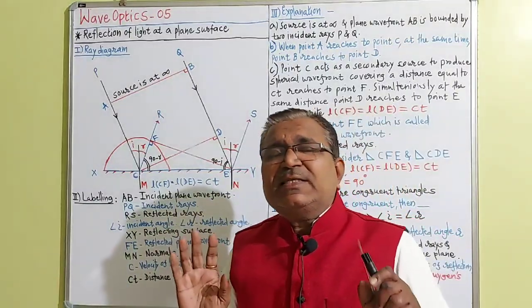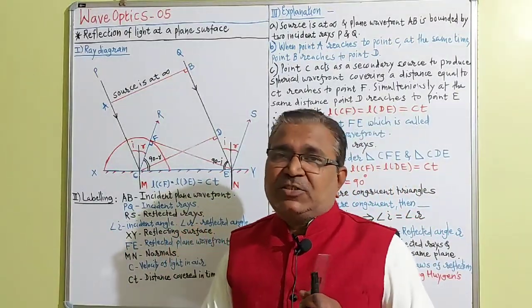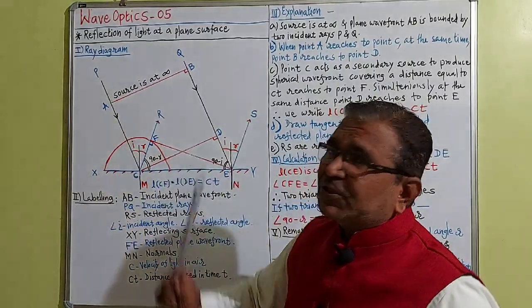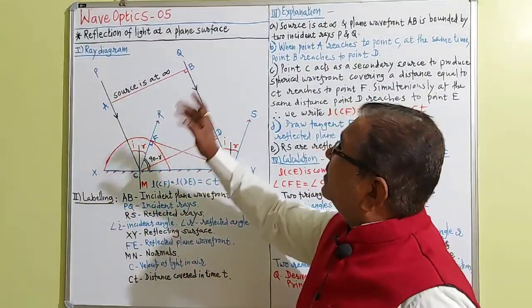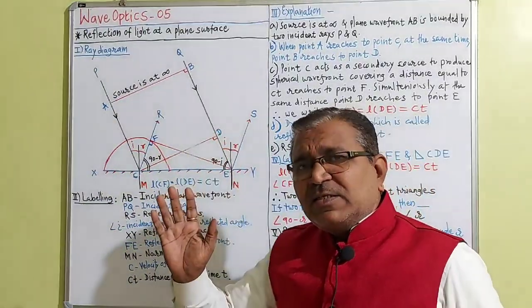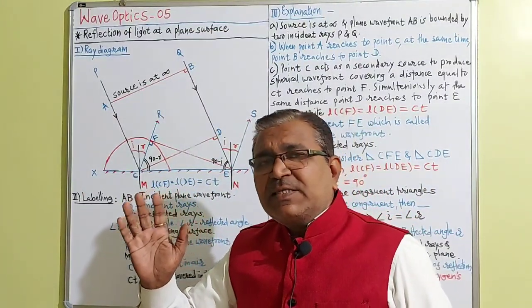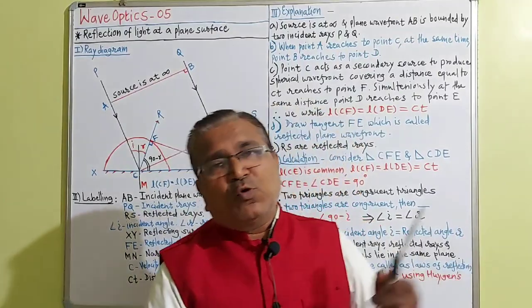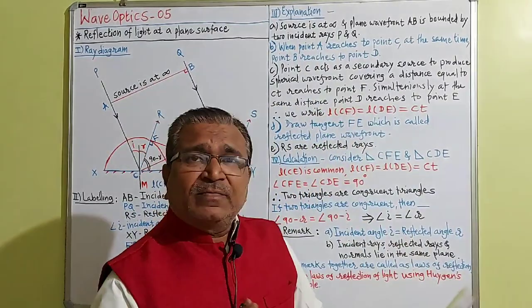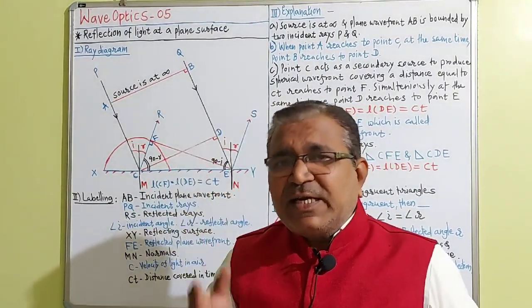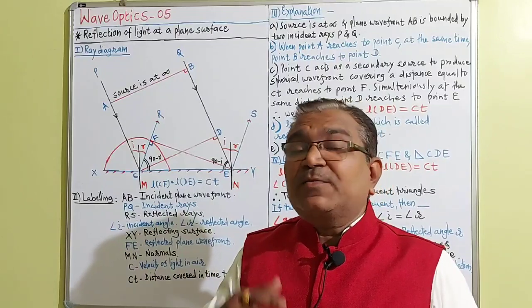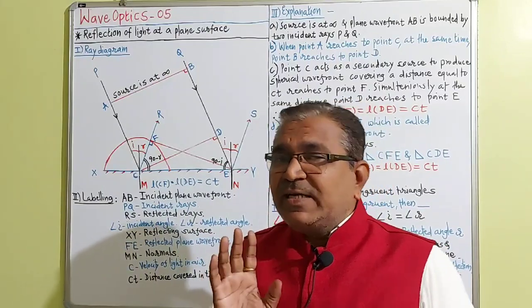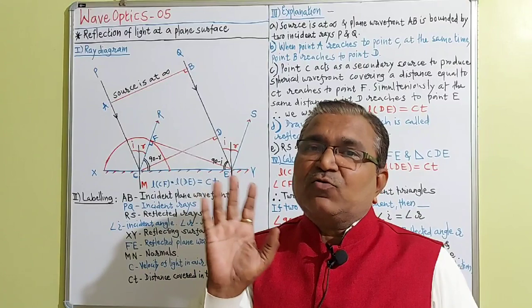This is sufficient explanation for reflection of light at a plane surface. All these points I have already written on the board, so read them carefully after finishing my lecture, and then we have to do some calculation.